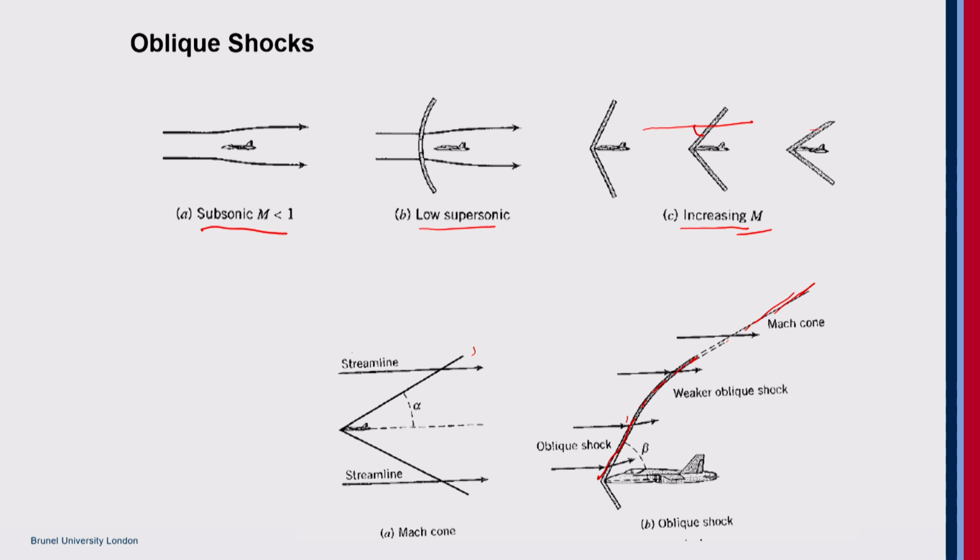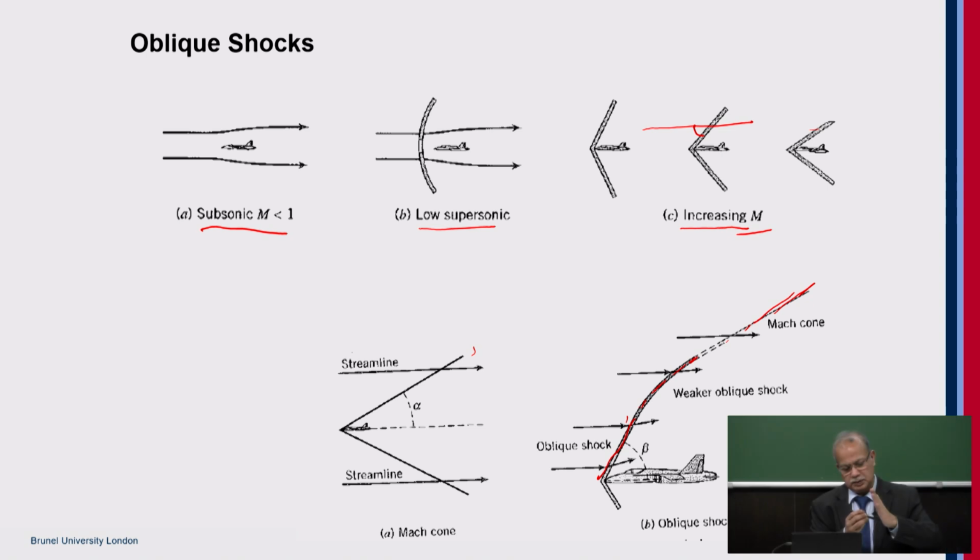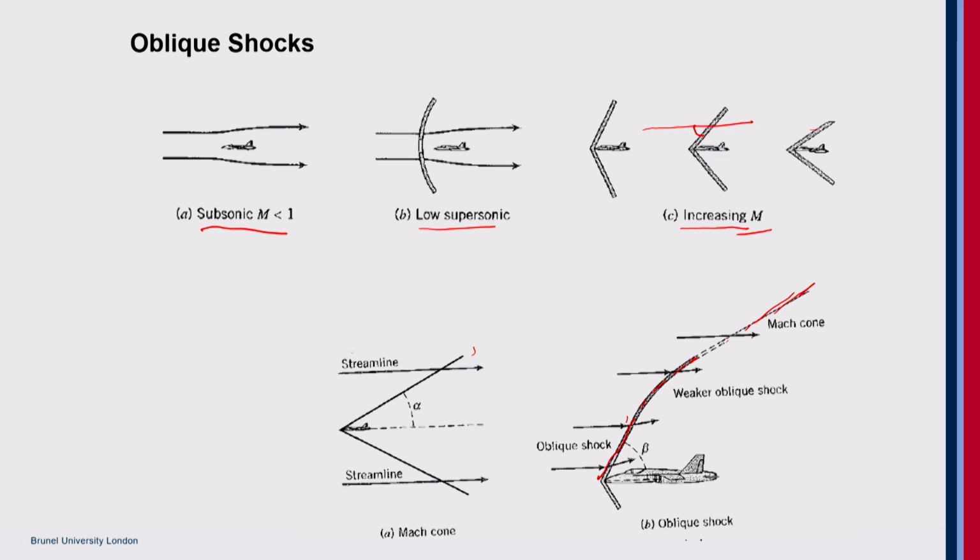When we have a shock that is normal to the flow, it's called a normal shock. Not always do you have a normal shock. At different Mach numbers, shock waves can also be inclined. So now let's try to understand the theory of this oblique shock.